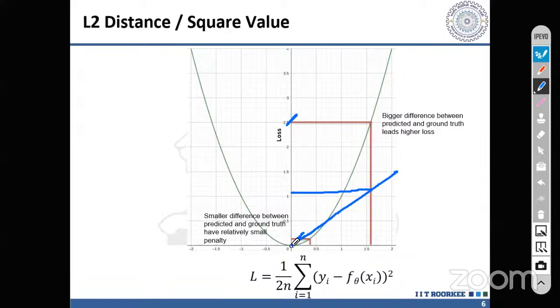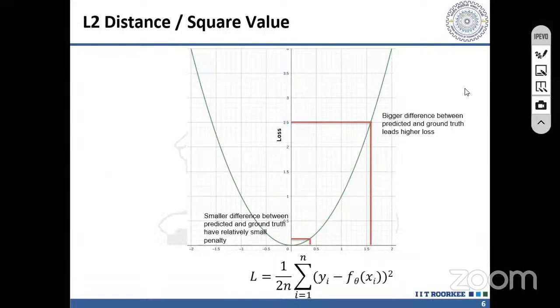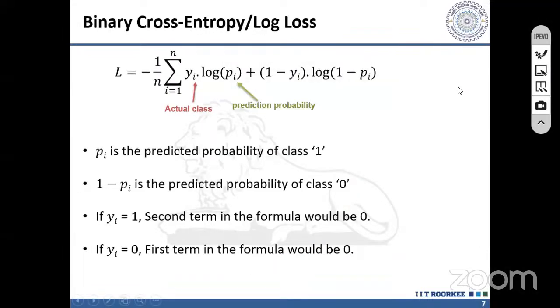For the same difference, for absolute distance, if it is 1.5, the loss will be 1.5, but for squared loss, it will be 2.5. So I'm giving more penalty. This gradient, or these weights, will be adjusted better when I'm considering the squared distance. There is another one, that is cross entropy error.